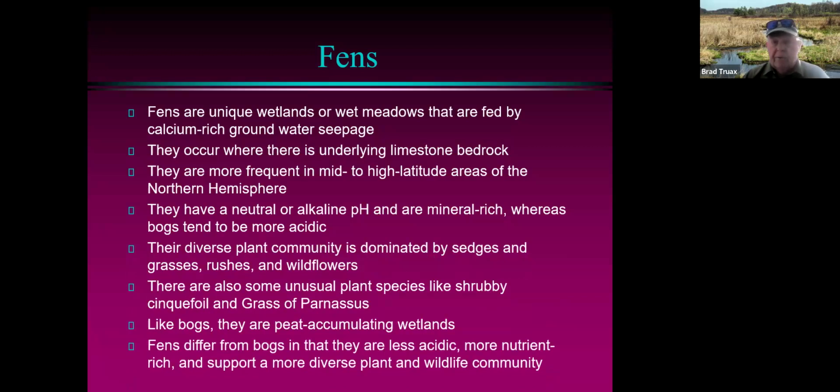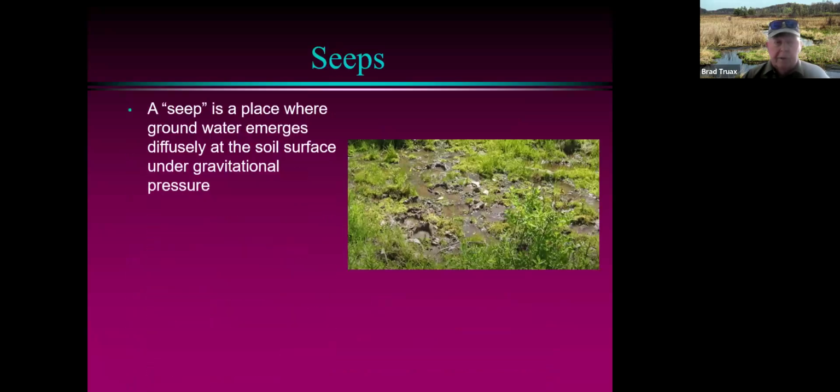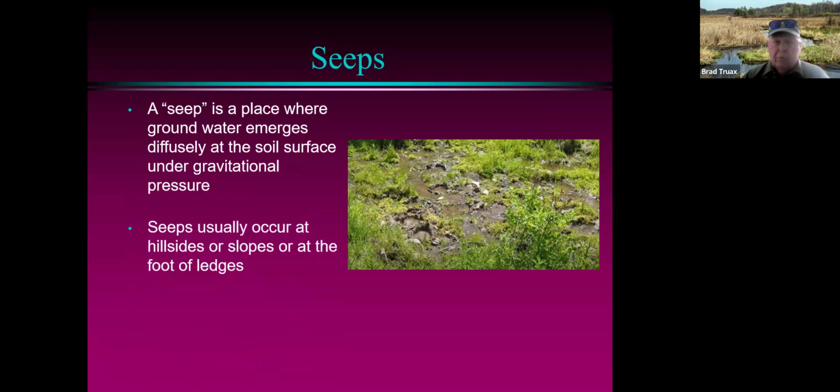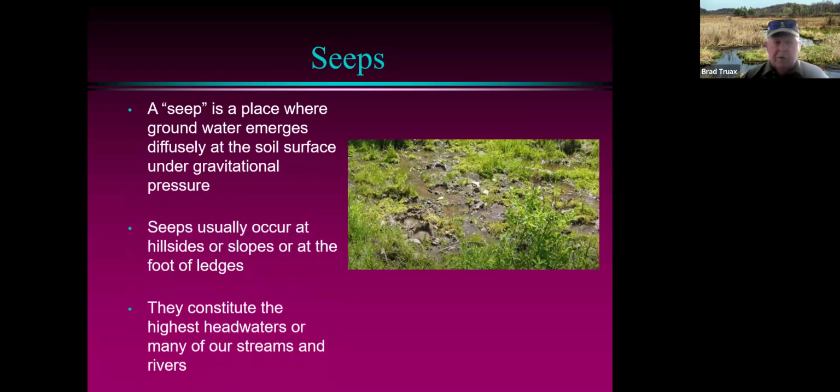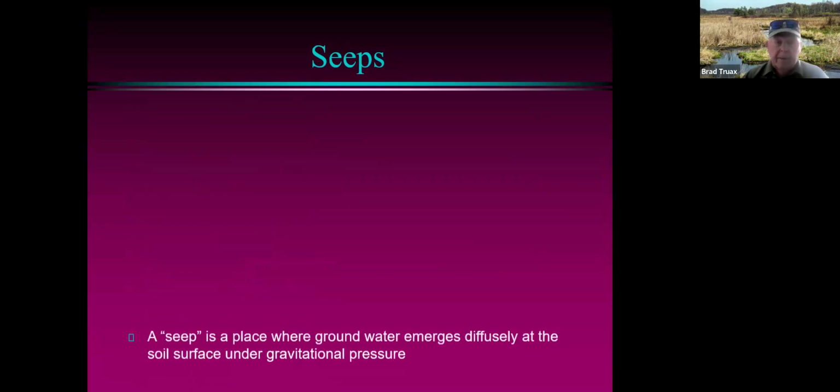Seeps are a place where groundwater emerges diffusely at the soil surface under gravitational pressure. So typically they occur at hillsides or slopes or at the foot of ledges. And they constitute the highest headwaters of many of our streams and rivers.